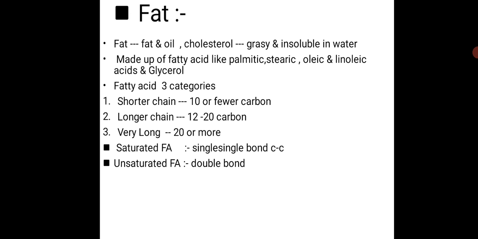If the carbon chain in the fatty acid has 10 or fewer carbons, it is shorter chain. If it has a longer chain, containing 12 to 20 carbons, it is longer chain. If it contains 20 or more carbons in the chain, it is called very long chain.